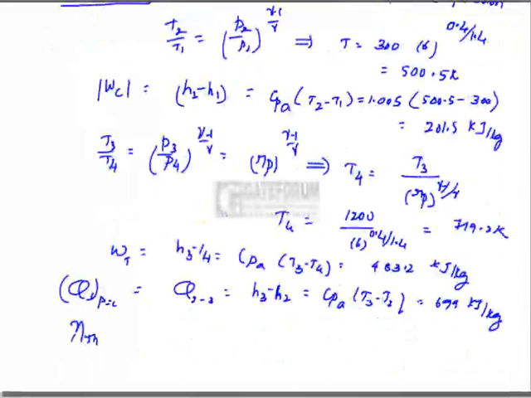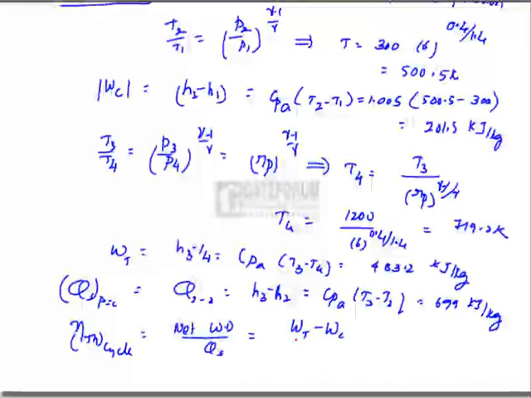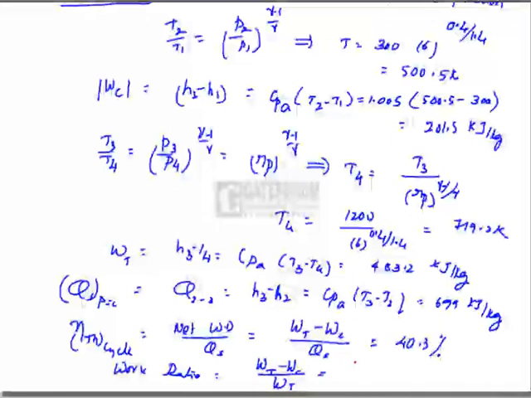Therefore, thermal efficiency of cycle is net work done per cycle divided by heat supplied, that is work of turbine minus work of compressor divided by heat supplied. This will be equal to 40.3% approximately. Work ratio is equal to work of turbine minus work of compressor, that is net work output, divided by turbine work. This results in 0.583.